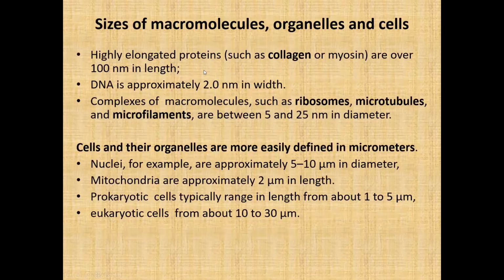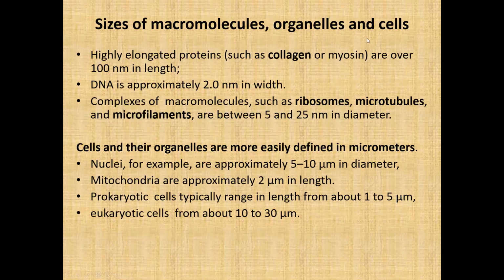So let's describe some examples. Highly elongated proteins such as collagen or myosin are over 100 nanometers in length. If we take a DNA molecule, it's approximately 2 nanometers in width. And complex molecules such as ribosomes and microtubules are between 5 to 25 nanometers in diameter.